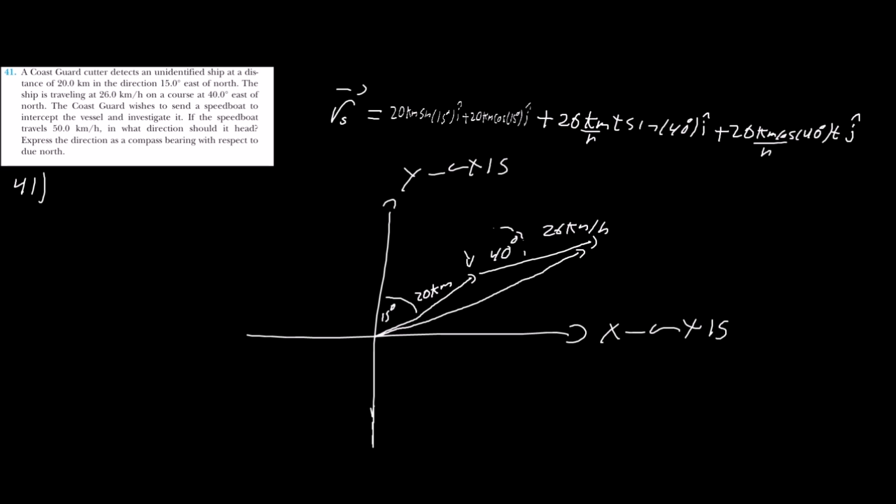Think of these as points: you start at some initial point and you're traveling in some direction, at 26 kilometers per hour. And they send a boat to intercept the vessel. If the speedboat travels at 50 kilometers per hour, what direction should it head?